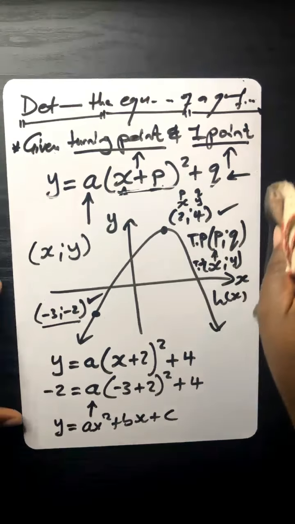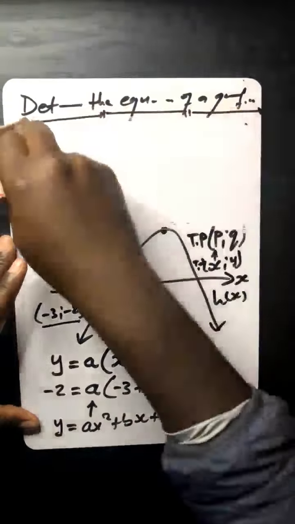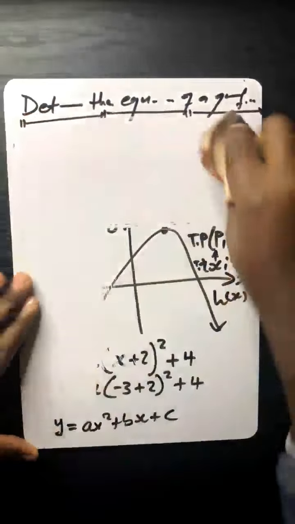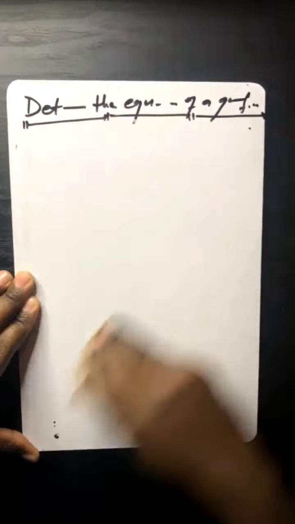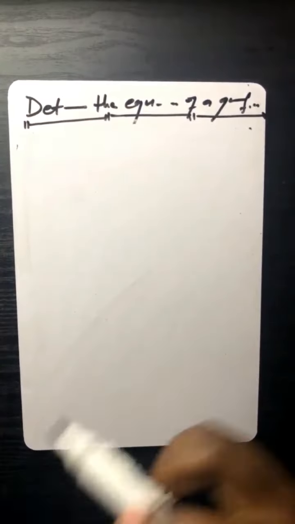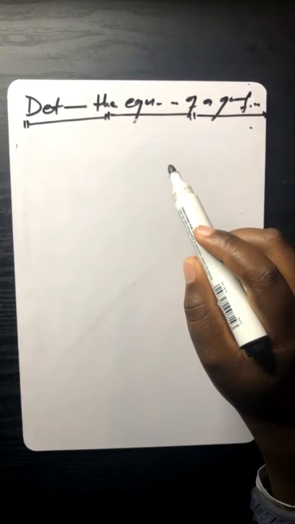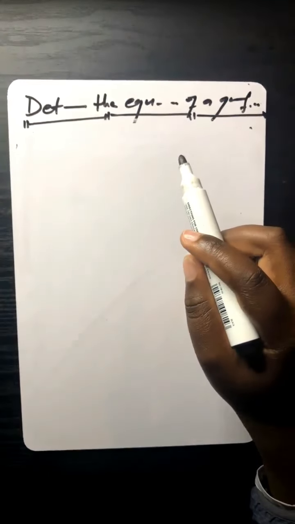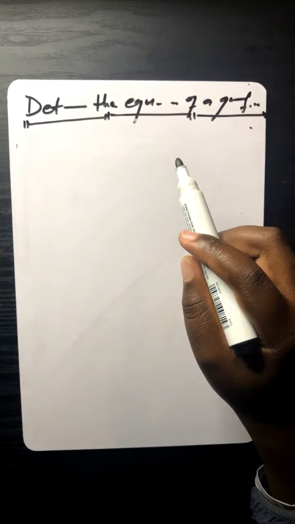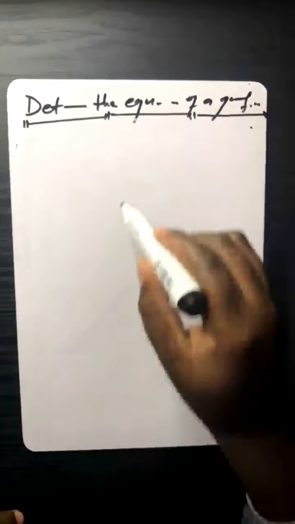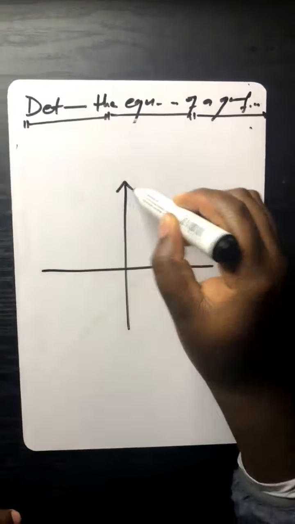Okay, so let me remove all of this. They say, given the coordinates of 3 points on a parabola. So let's say this is a Cartesian plane.